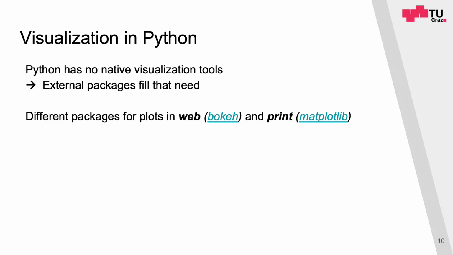Or there is also matplotlib, which is more suited if you want to produce plots which are printable, for example, in a report or something like that. So in this lecture today, we will cover matplotlib.